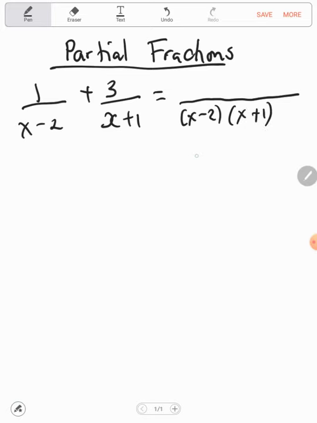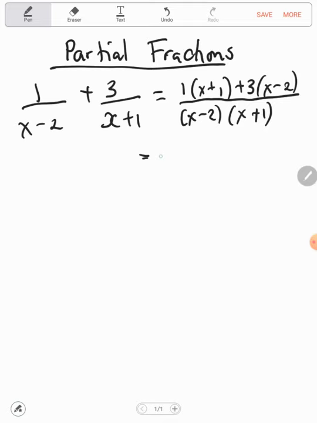So these are our common denominators. When x minus 2 goes into there, we just have 1 multiplied by x plus 1, then plus 3 multiplied by x minus 2.